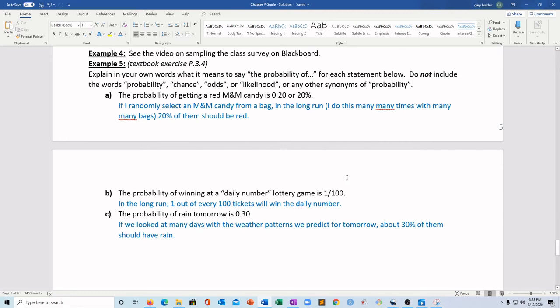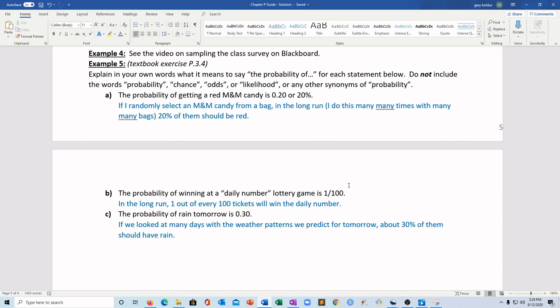Okay, next one. The probability of winning at a daily number lottery game is 1 out of 100. What does that mean? Well, in the long run, about 1 out of every 100 tickets will win the daily number. So if you grab a ticket and you want to play this game, you might say, I've got a 1% chance of winning. When I say that to you, you might correctly say, well, that's not very good. 1%'s not good. True.